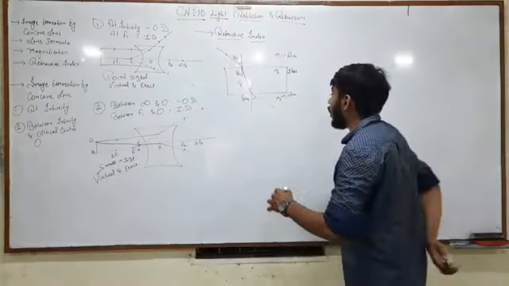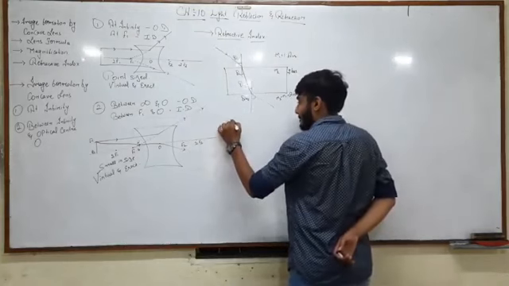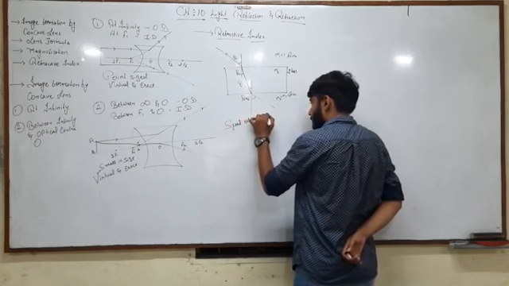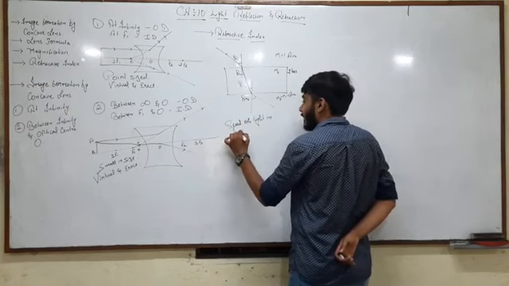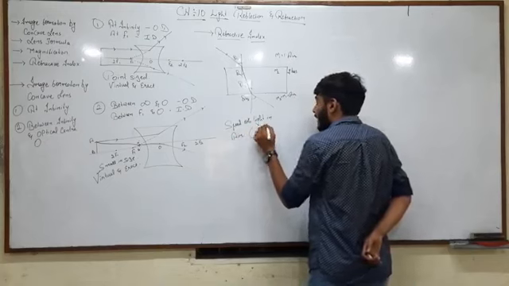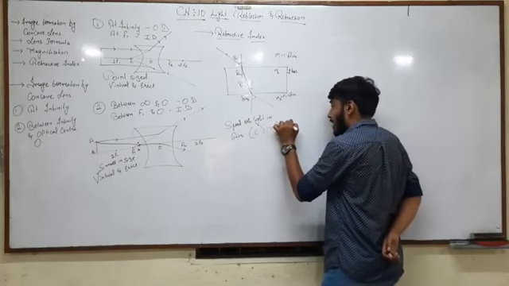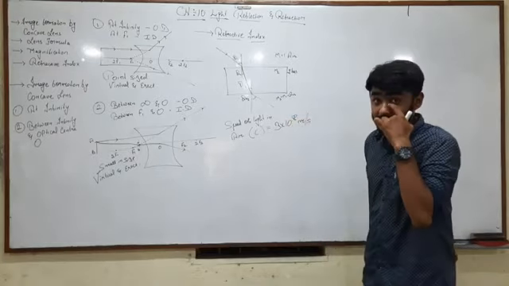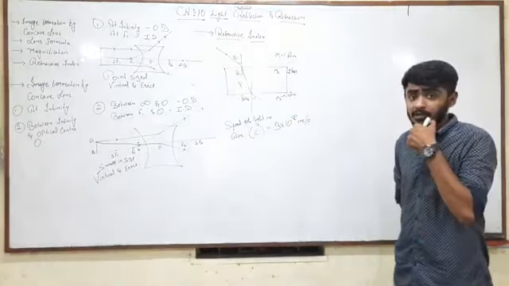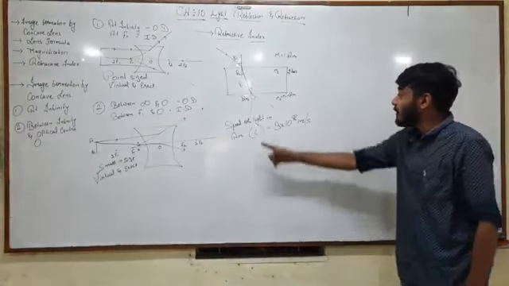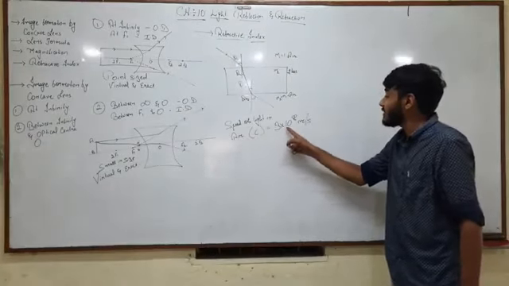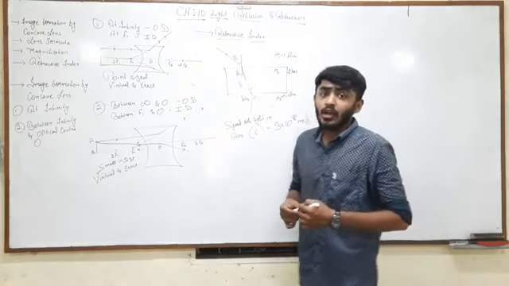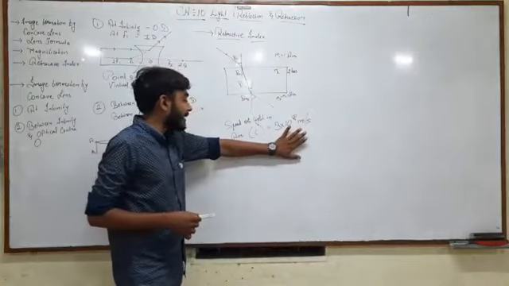The speed of light in air is denoted as capital C. It is always 3 into 10 raised to 8 meters per second. So this is your general speed of light in air.